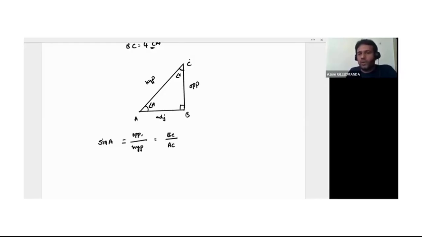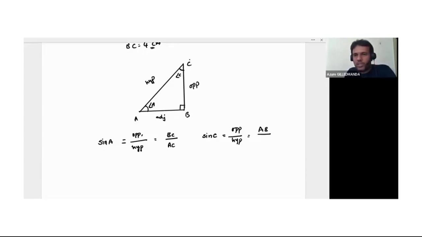What if I want to find the sine of angle C? For sine C, which is the opposite side? The formula is the same, opposite by hypotenuse. The opposite side for sine C is AB. So it changes based on which angle we are finding the sine ratio for, right?